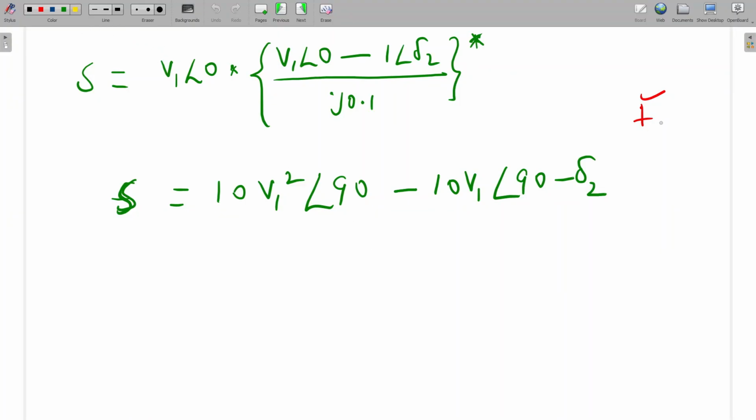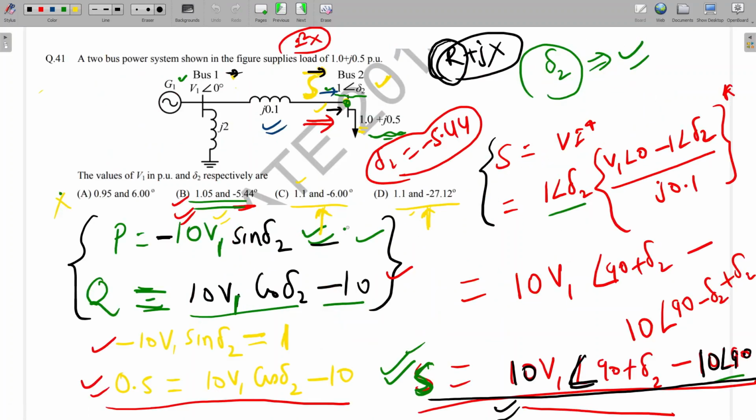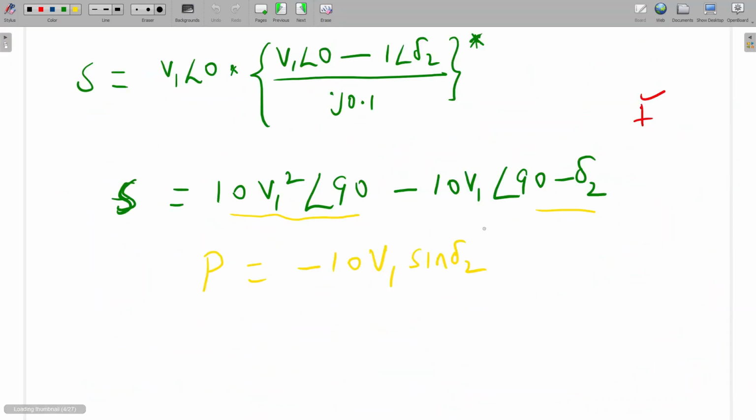So what will be the real power? We'll take the cosine. So cos 90, this part will be 0. P will be minus 10 V1 cos of 90 minus delta, which is sin delta. So we are getting the same P value here also: minus 10 V1 sin delta 2. What will be the Q?